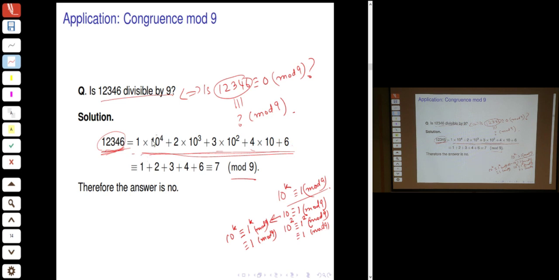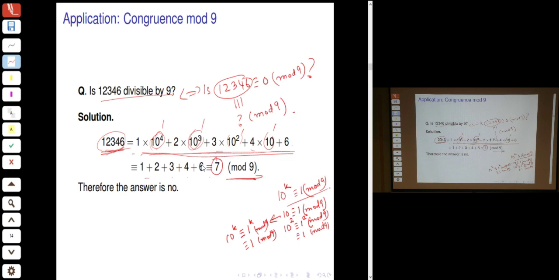All these powers of 10 are congruent to 1 mod 9, so modulo 9 we can replace all of them by 1. So, this is 1 plus 2 plus 3 plus 4 plus 6, which is 7 mod 9. So, the answer is not 0 mod 9. So, 1, 2, 3, 4, 6 is not divisible by 9.